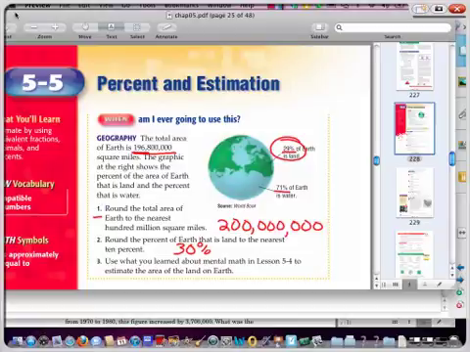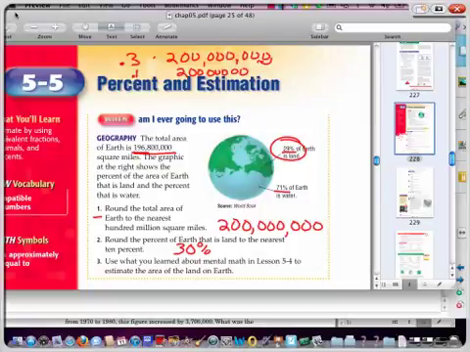Now we've got some easier numbers to work with, and now we're going to do what we did in the last section, where we do some mental math. So we want to say, what is 30% of 200 million? 30%, we could think of that as 0.3 times 200 million. And it might be simplest if we think, well, what would be 1/10? If we had 1/10, we're going to move the decimal place 1.